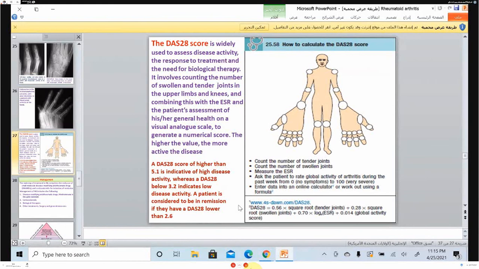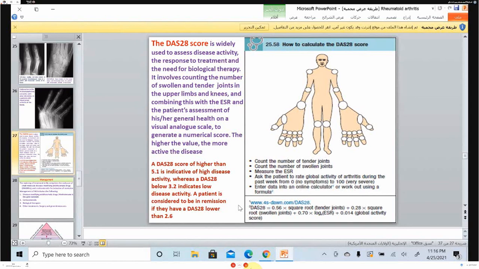It involves counting the number of swollen and tender joints in the upper limb and knees and combining this with the ESR and the patient's assessment of his or her general health on the visual analog scale to generate a numerical score. The higher the value, the more active the disease. A DAS 28 score of higher than 5.1 is indicative of high disease activity, whereas less than 3.2 indicates low disease activity.